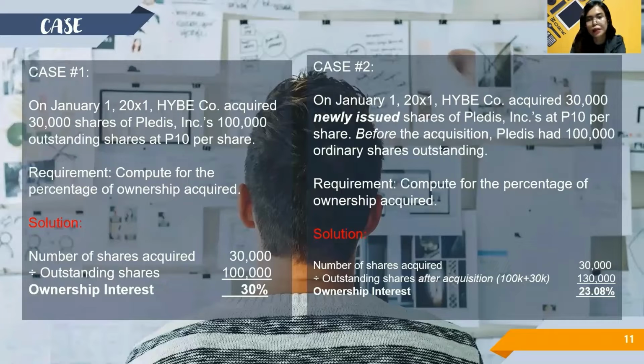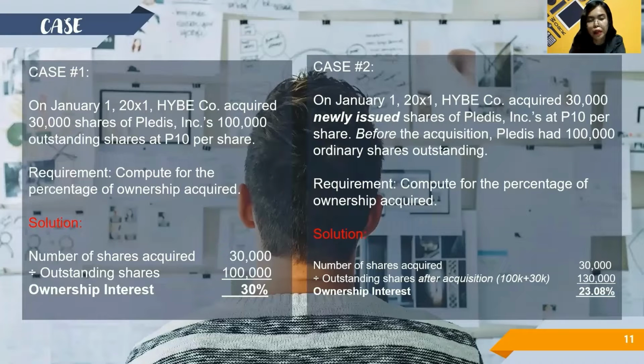And then next is case 2. On January 1, 20X1, Hive Company acquired 30,000 newly issued shares of Pledis Incorporations at 10 pesos per share. Before the acquisition, Pledis had 100,000 ordinary shares outstanding. So ang requirement din daw dito is the percentage of ownership acquired.